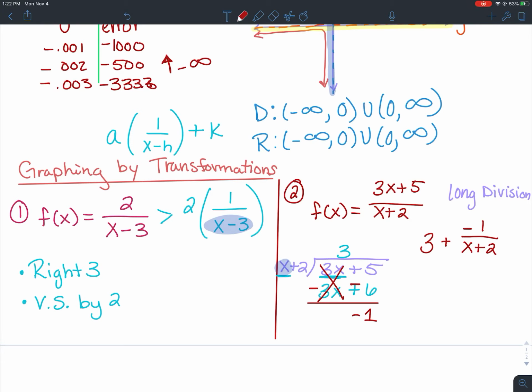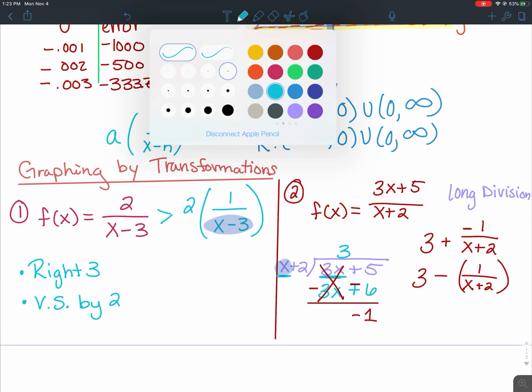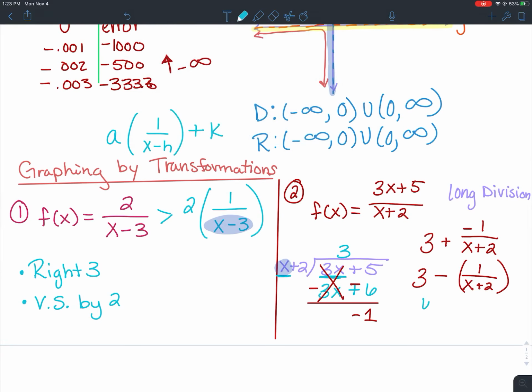We do want that to happen, but I can't have a -1. So I'm going to take that out, and it's actually 3 minus 1 over x plus 2. All right, so what is happening? I'm going up 3 because my k value is positive. This is my k value right here. That negative's not in front of it.